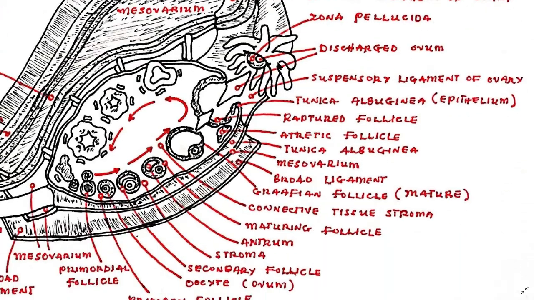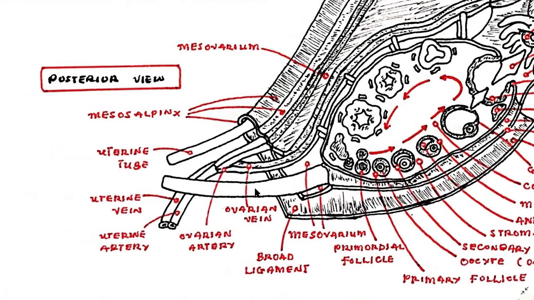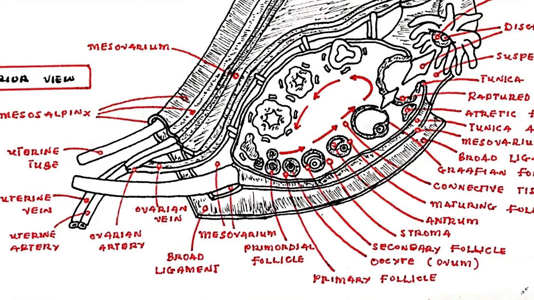Now let's summarize the ovarian cycle using this diagram. So the development of an ovum starts with a primordial follicle, which is an oocyte with one layer of follicular cells. The oocyte increases in size and maturity as the follicle cells increase in number around it, forming a primary follicle.